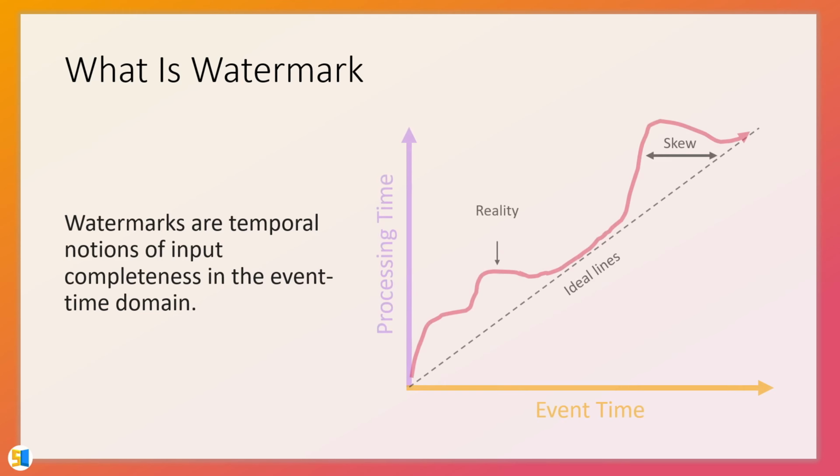What does it mean? Let's recheck this diagram again. The red line, which is the reality between the event time completeness and processing time, is basically a watermark, right? It captures the progress of event time completeness as processing time progresses.